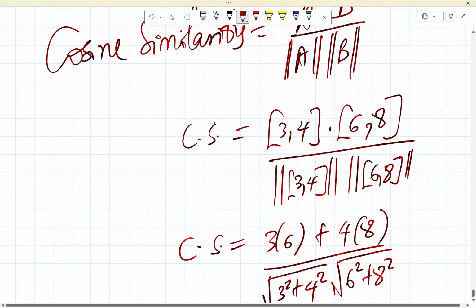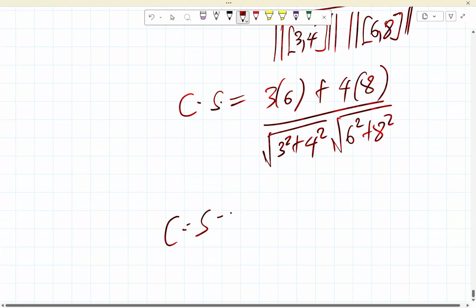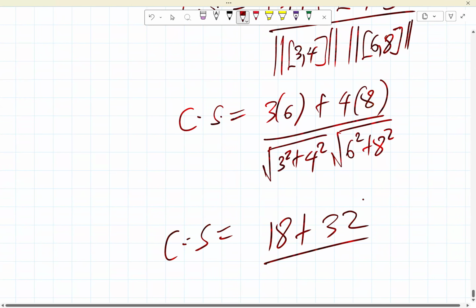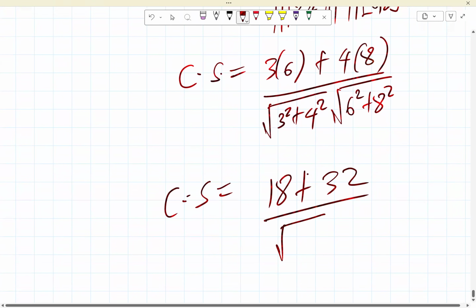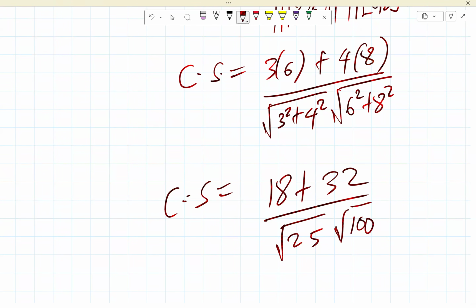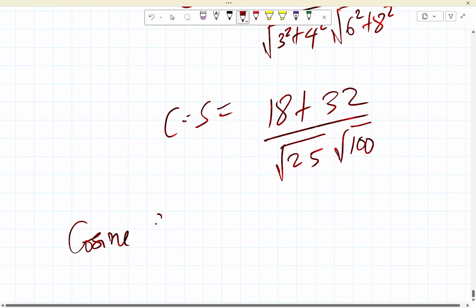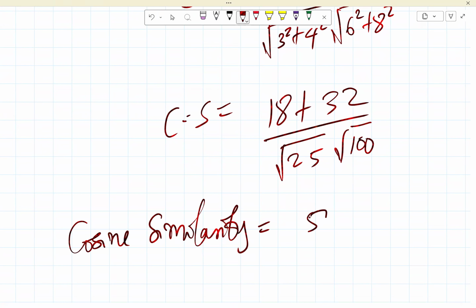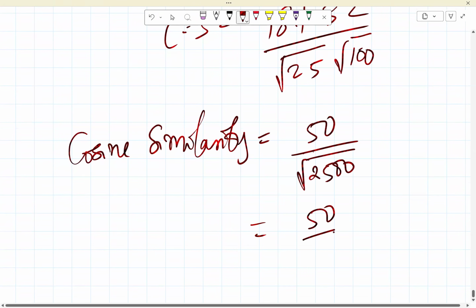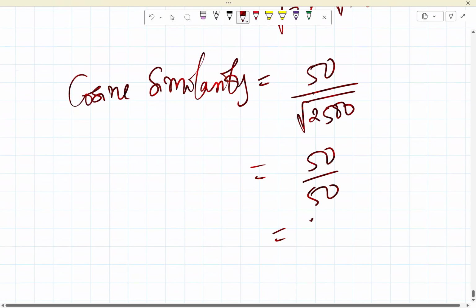So you have CS: 3 times 6 is 18, plus 4 times 8 is 32, divided by the square root of 3 squared plus 4 squared, that's 25, times the square root of 6 squared plus 8 squared, that's 100. So cosine similarity is equal to 18 plus 32, that's 50, divided by the square root of 2500. That is 50 over 50, which is simply 1.